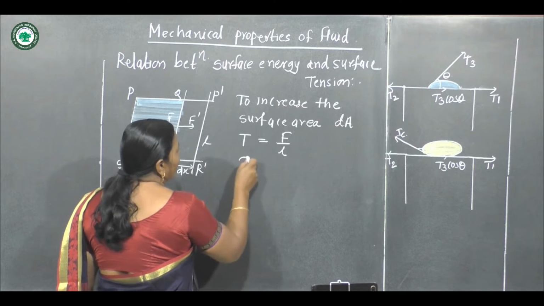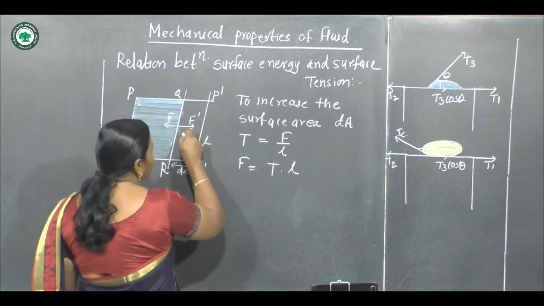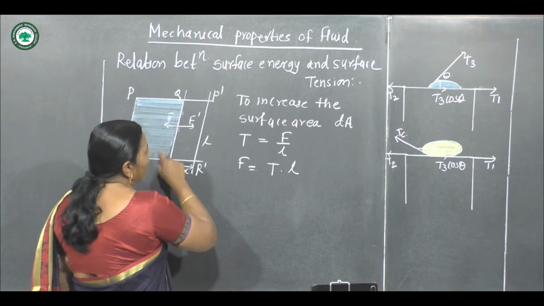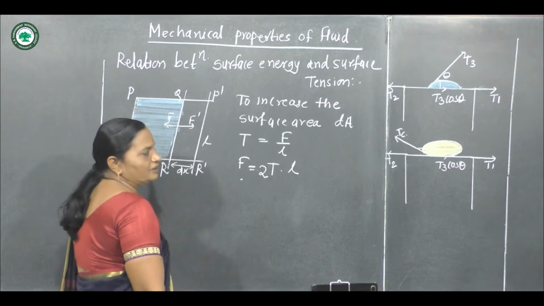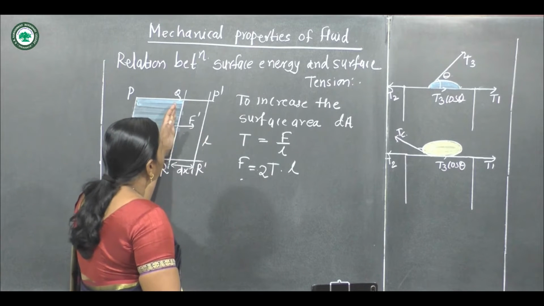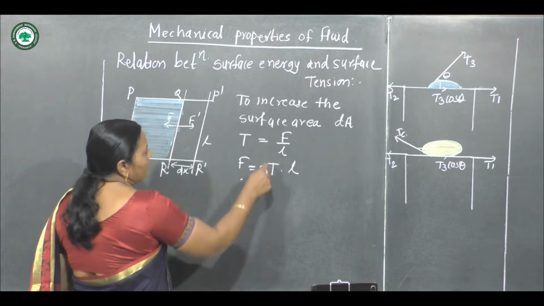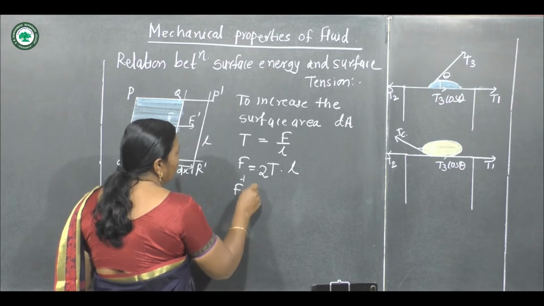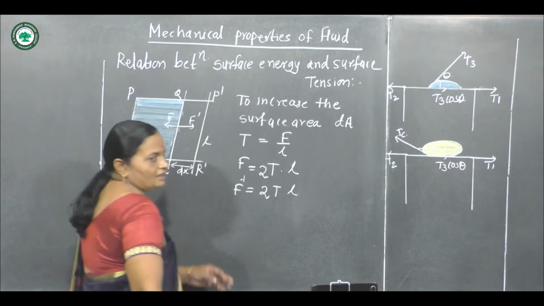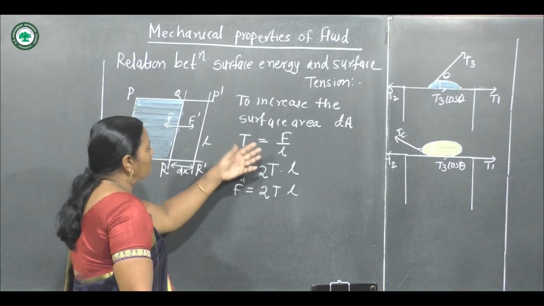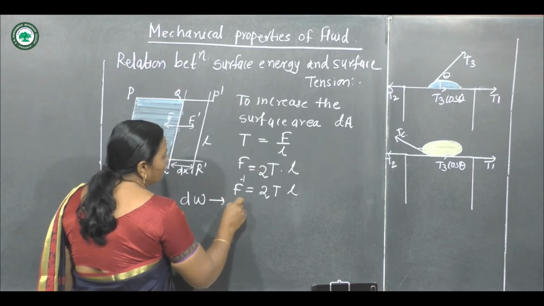In this case, force is equal to T multiplied by L. Two surfaces are formed for this soap solution, so we get 2T into L. Now this QR is pushed towards the left, then there is increase in area, and F dash is the force which is equal and opposite, which is 2TL.